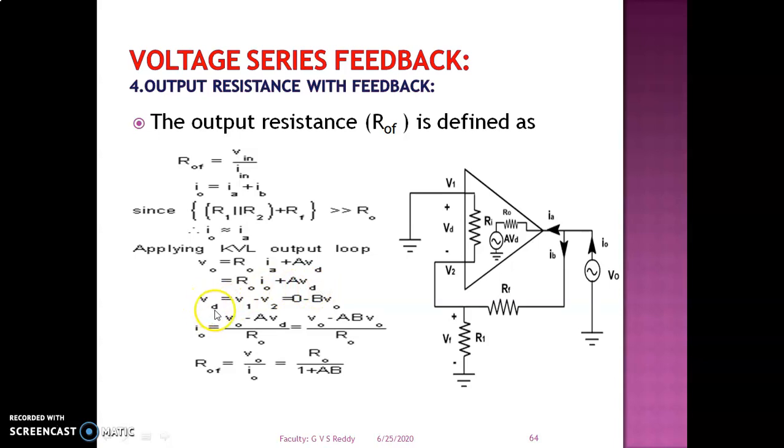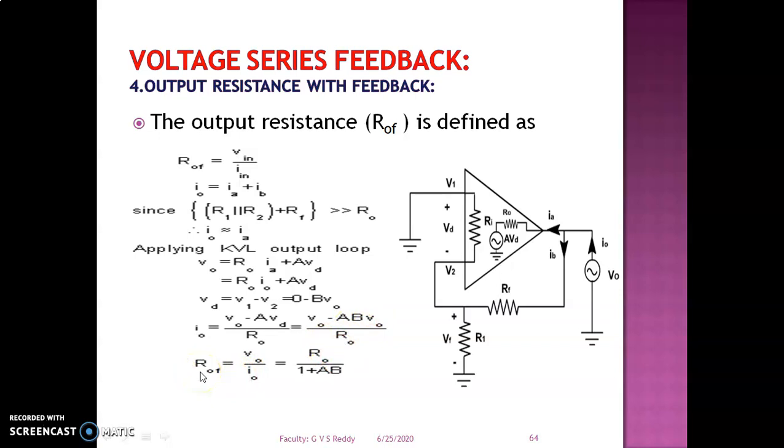From this, VD equal to V1 minus V2, which is equal to 0 minus B into VO, that is the V2 value. So therefore, IO equal to VO minus A into VD divided by RO, and which is equal to VO minus A into B into VO divided by RO.